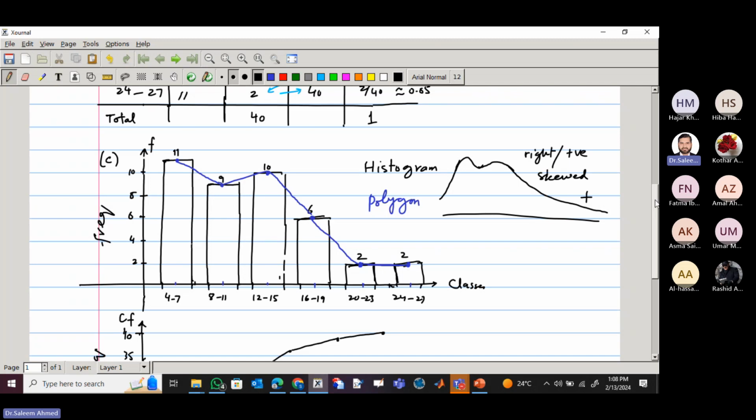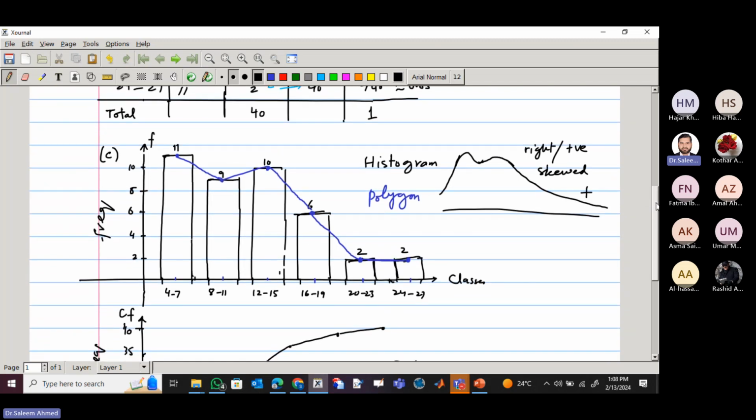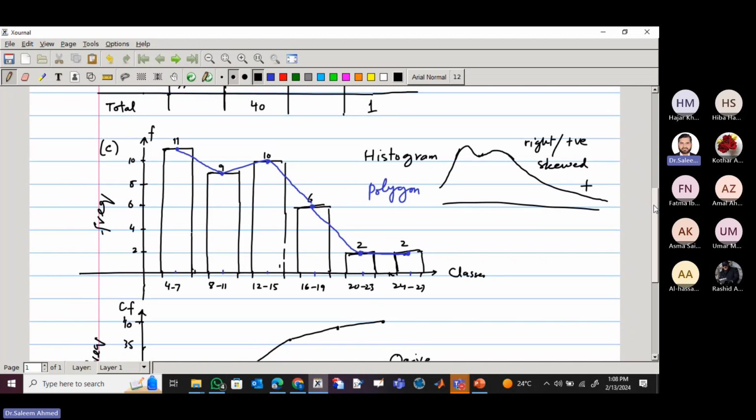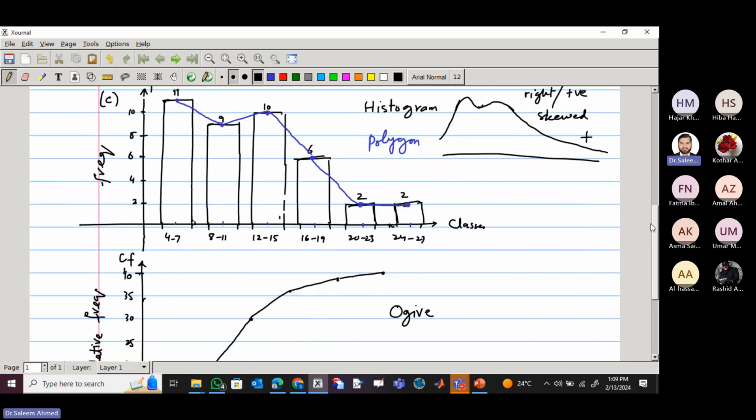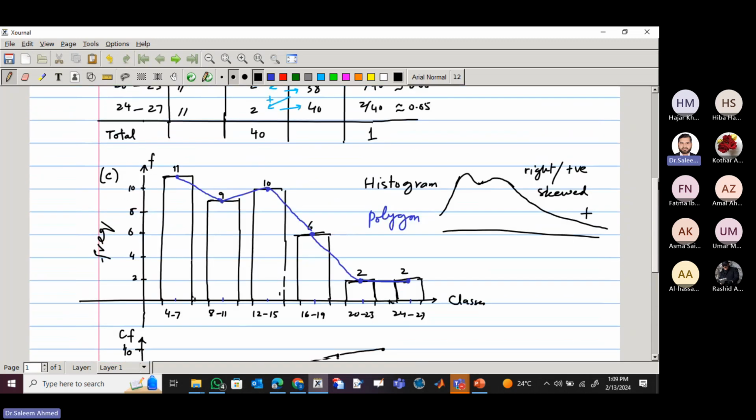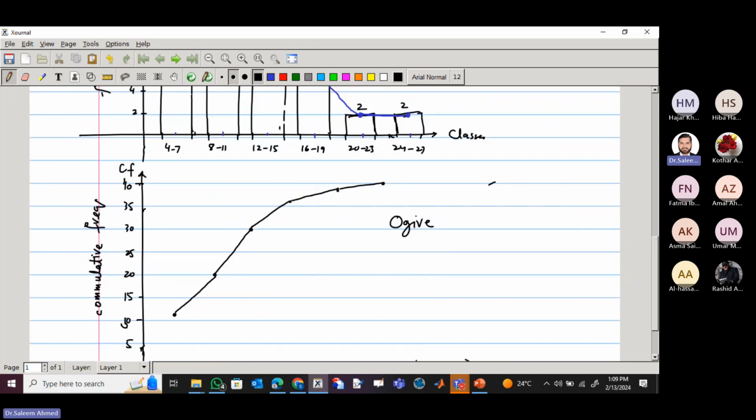Okay, so you can say that. Comment on the skewness means just look at the histogram or polygon. It will tell you some story about the distribution. So symmetrical is very unusual because symmetrical is something which is the same. Even if there are two jumps there, but on the left and on the right side, we are having similar things, right? They are the same.